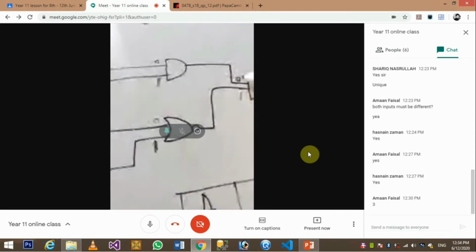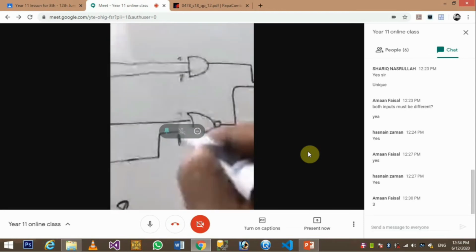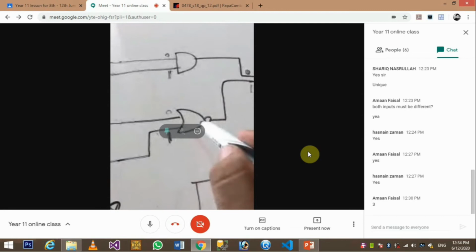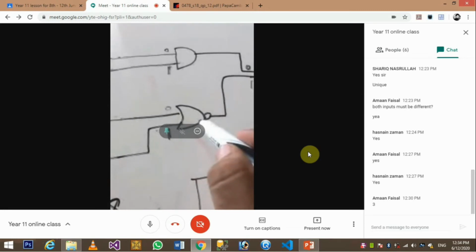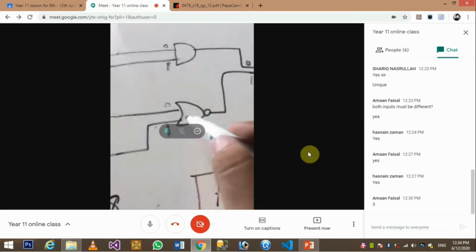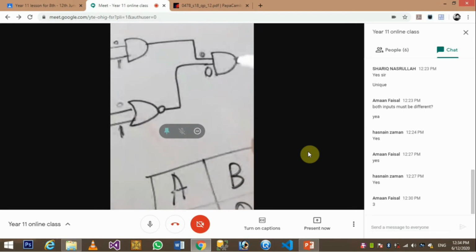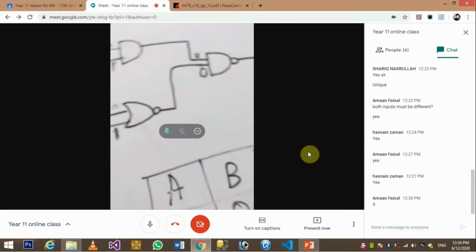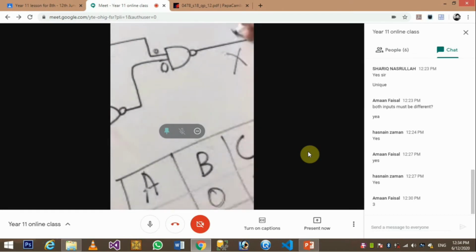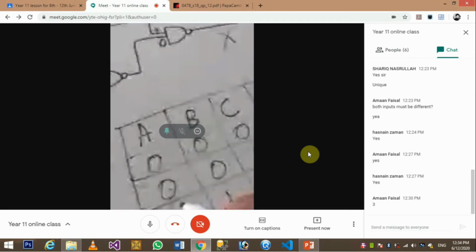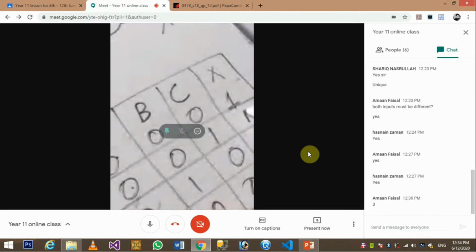So 0 would be the same here. 0 and 1 in the NOR gate, there will be 0. And in the NAND gate, 0 0 would be 1. So 1 would also be here. 0 0 1 would be 1.